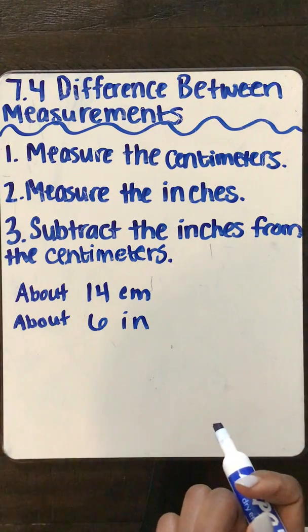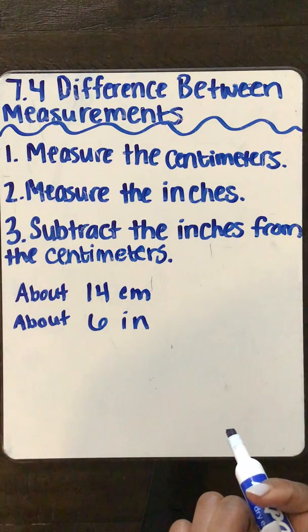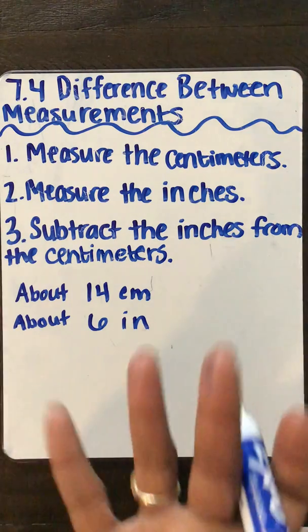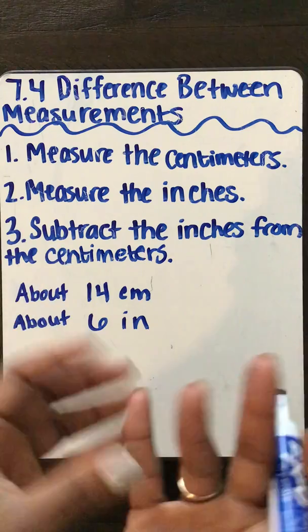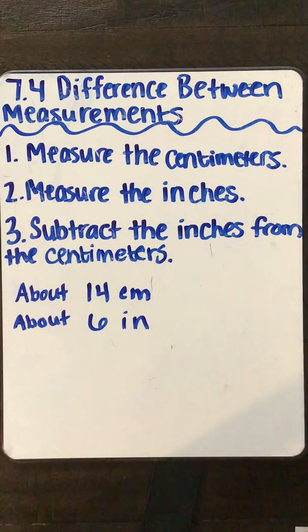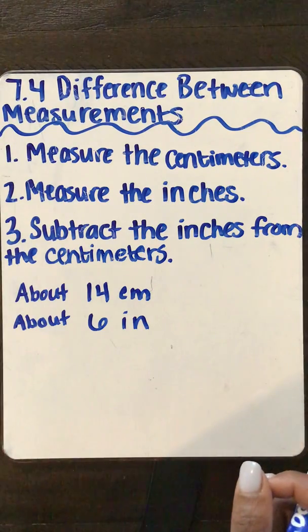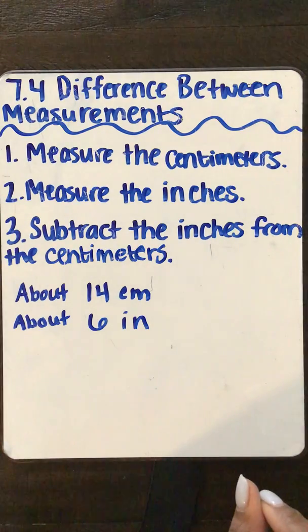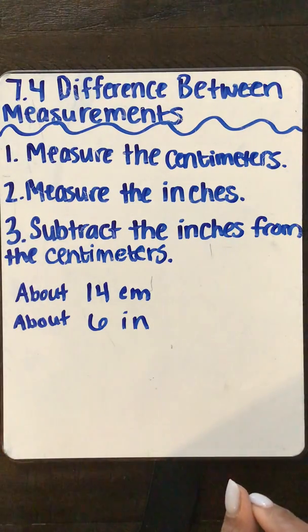We can do it mentally in our head, or we can do the count back method on our fingers, or we can use some type of manipulative like cubes. Or if we don't have cubes at home, maybe you could use beans or cereal or anything small that you have that you can use to help you subtract.